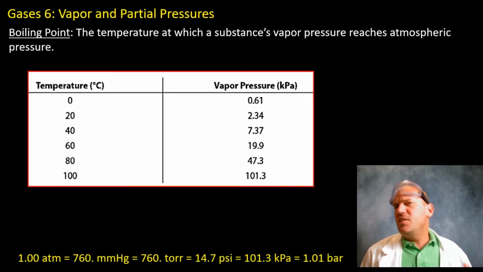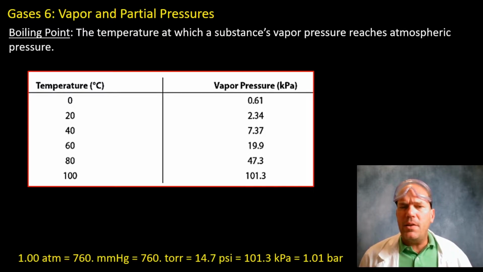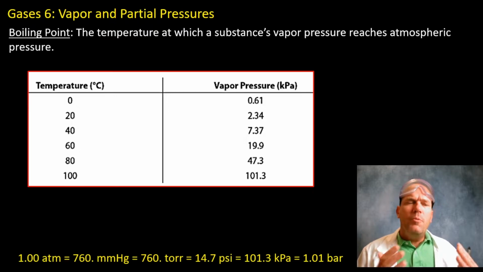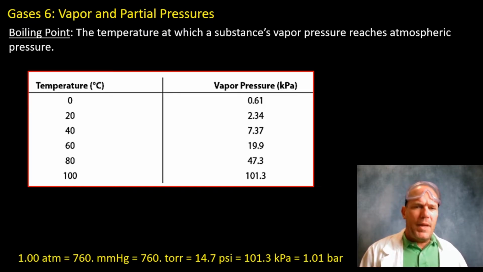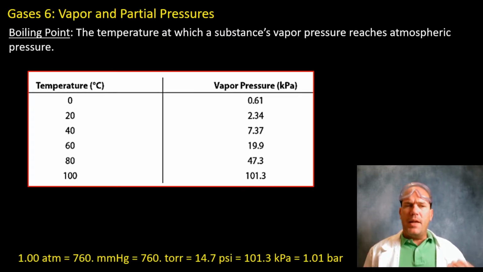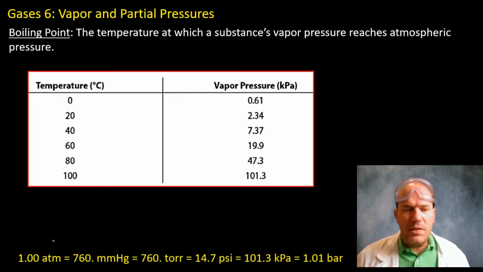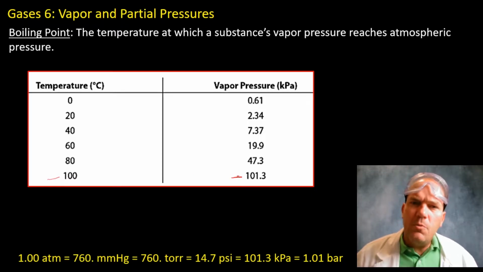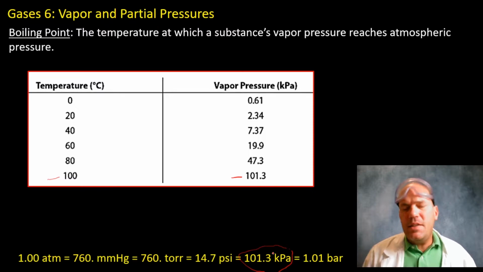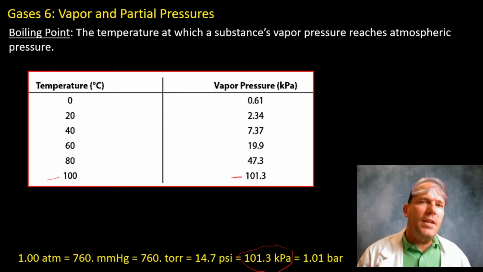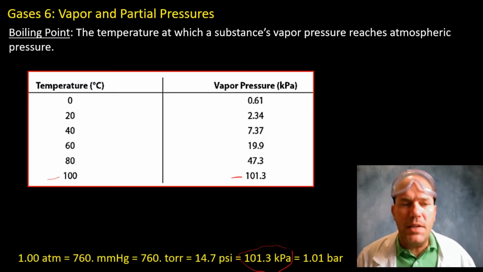Let's start looking at 0 degrees Celsius and compare that to the corresponding pressure in kilopascals. We see at 0 we have 0.61 kilopascals. And now let's compare that to 100 degrees Celsius, and we can see we have 101.3 kilopascals, which I'm sure by now you recognize as the pressure at standard temperature and pressure, or STP.